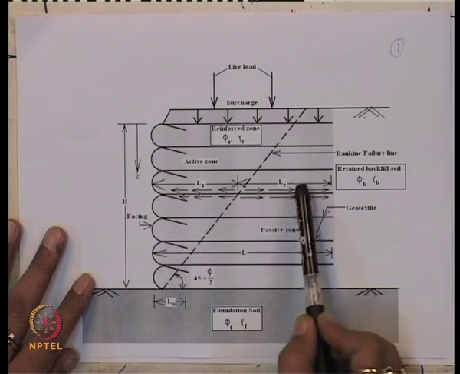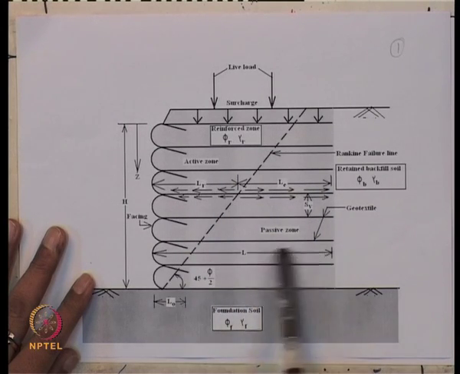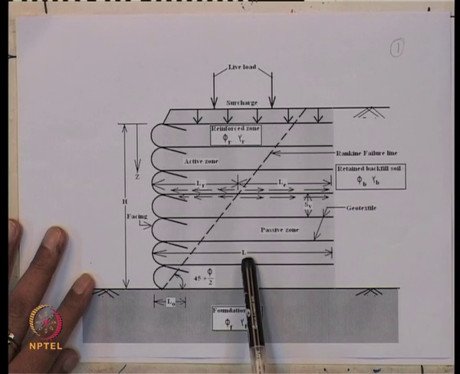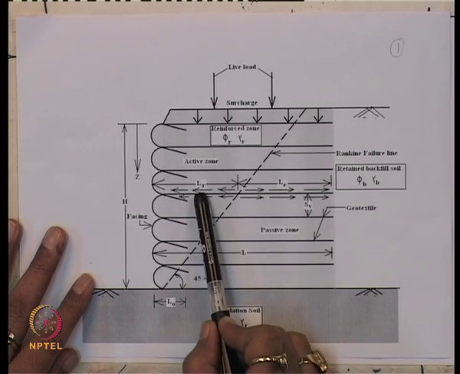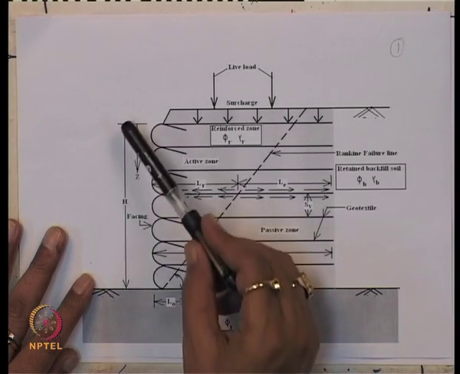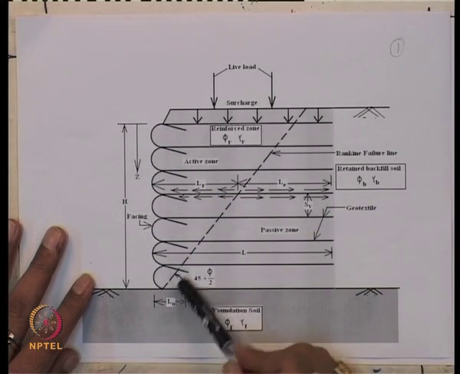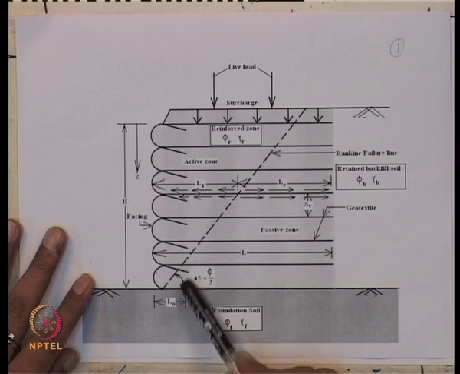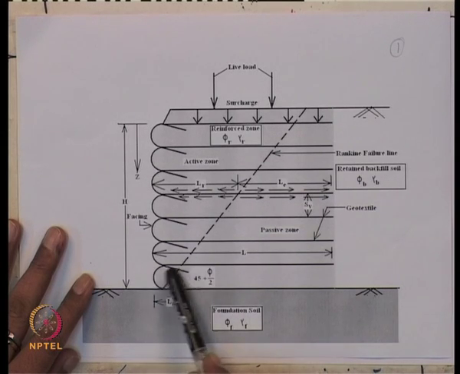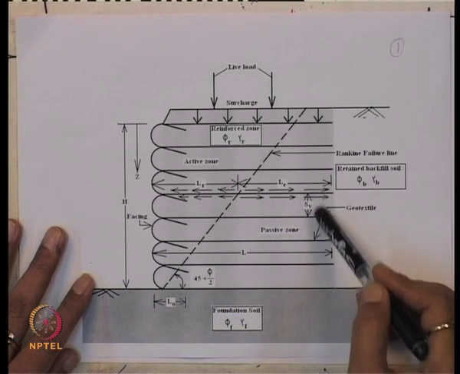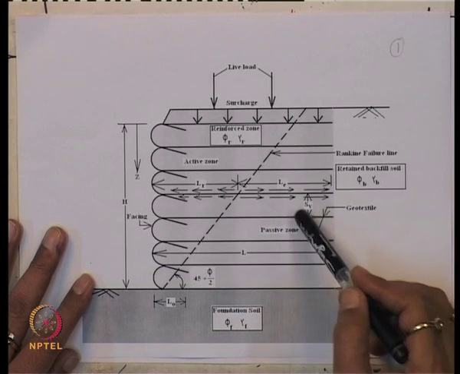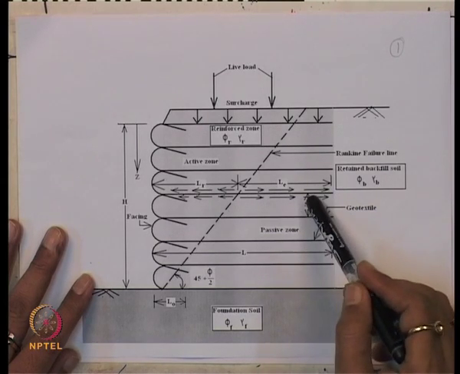So the total length is L, so L will be equal to Le plus Lr, and this is the height of the wall H, and this failure plane is making an angle of 45 degrees plus φ by 2, and this length is equal to Lo, and spacing between the two geotextile layers is designated as Sv.